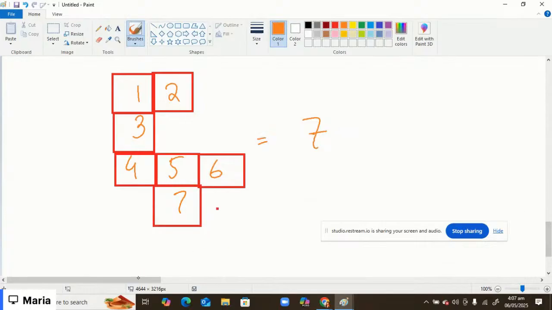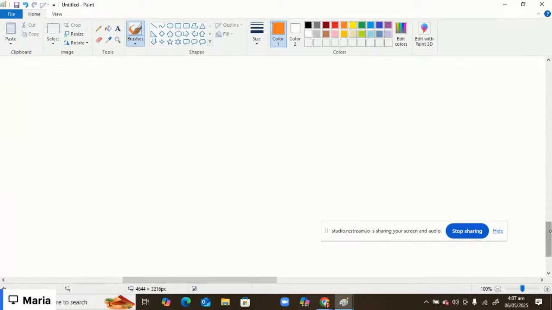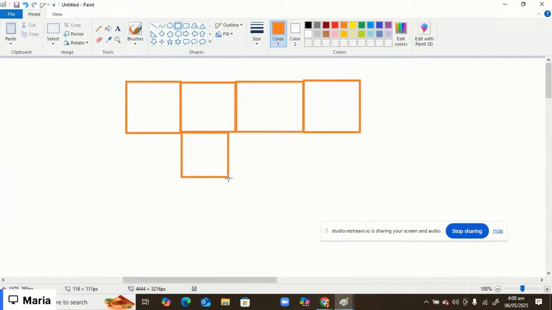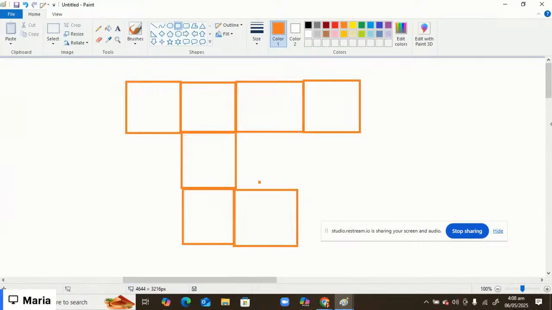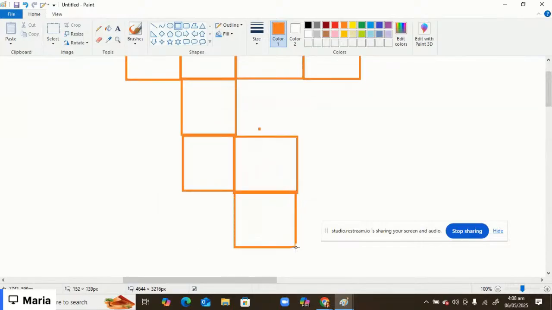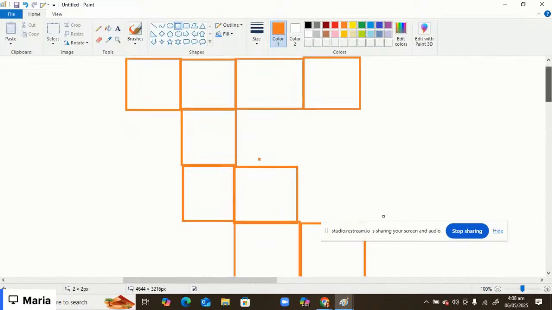Very good. If I'm going to draw some complicated shape here, let's do it. You guys tell me now. Now you all tell me how many square units the area of this shape is.